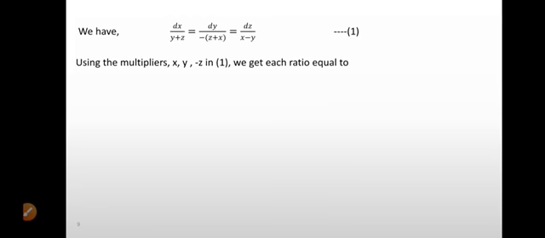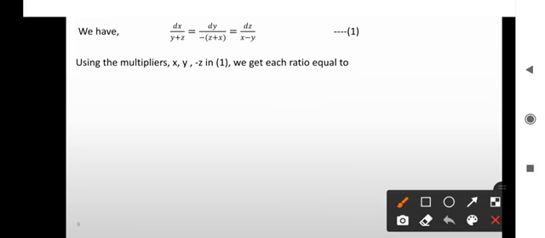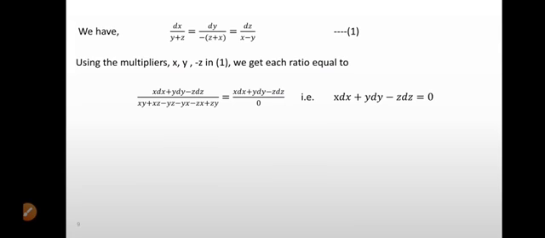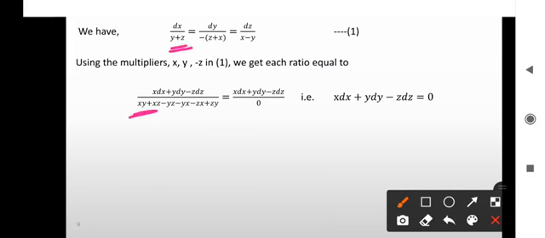So if we multiply equation 1, all the three ratios, by x, y and minus z, that is the first ratio by x, second ratio by y and third ratio by minus z, then each ratio is equal to, by properties of equal ratios, we can write x dx plus y dy minus z dz divided by x into (y plus z), that is xy plus xz, y into minus of (z plus x), that is minus yz minus yx, and z into (x minus y), that is minus z into (x minus y), that is minus zx plus zy.